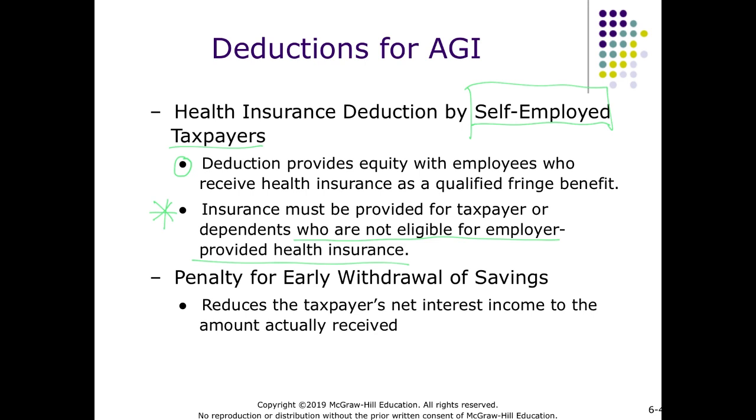Either through a second job or through your spouse, okay? So that is very, very important. Additionally, self-employed persons get a for AGI deduction for the penalty for early withdrawal of savings, okay? So that's kind of a nice caveat for self-employed individuals.